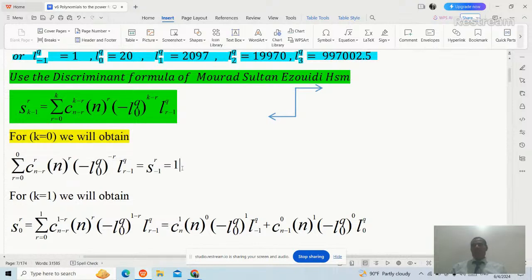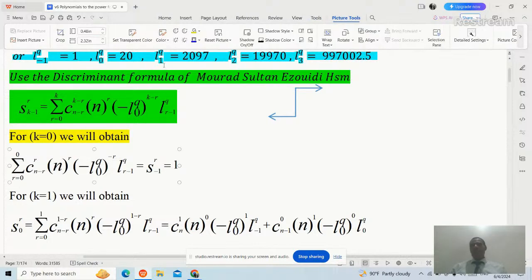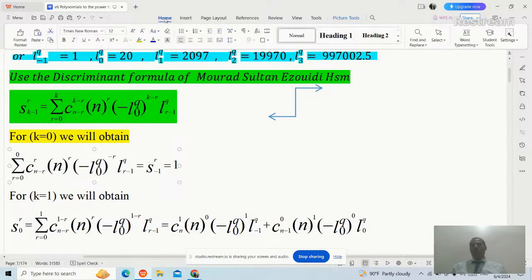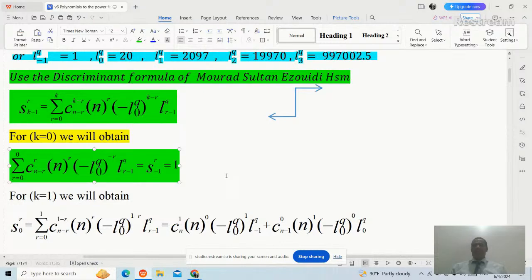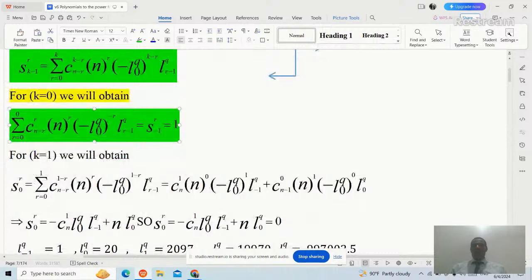Now we try to find the value of s0. We just substitute k equal 1 in the discriminant formula of Mourad Sultan Ezouidi. I'll just follow like that.